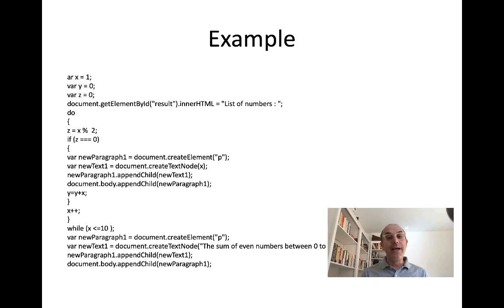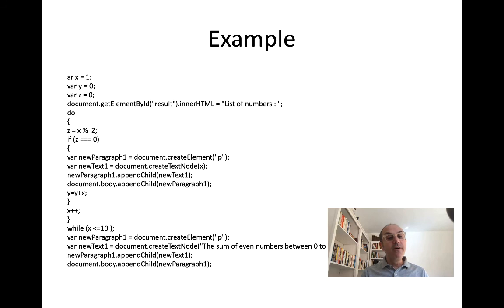I will declare the list of the numbers. I will operate on x percentage 2, and if x is equal to 0, then I will provide a condition and add some value, while the execution condition is that x is smaller than 10.